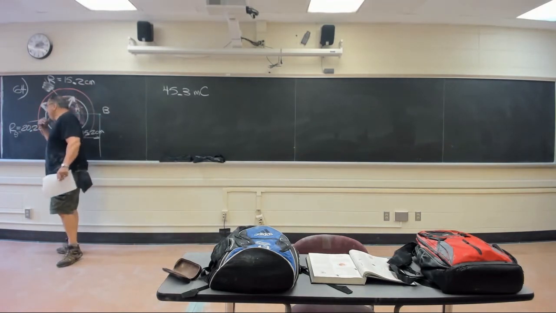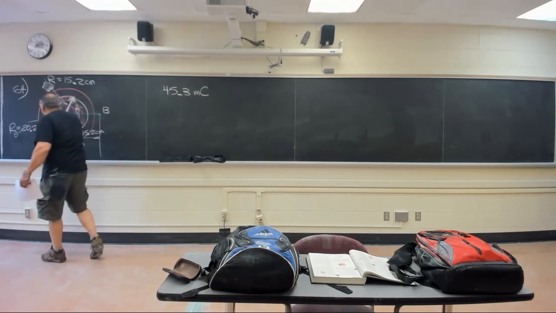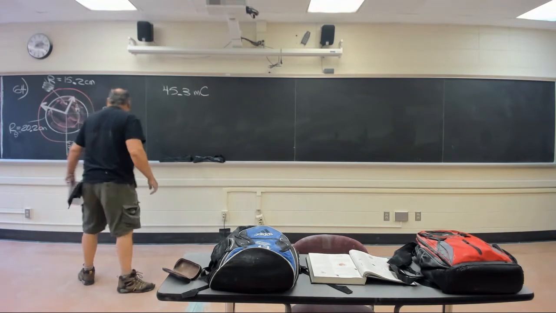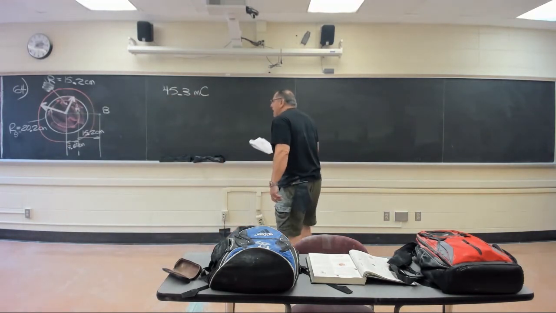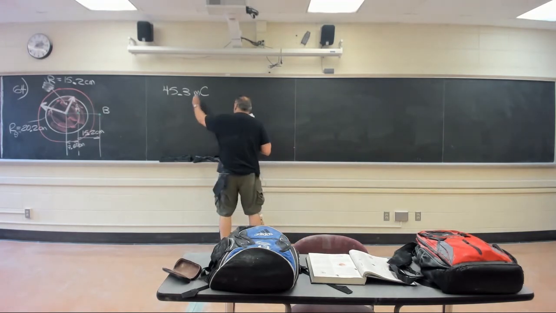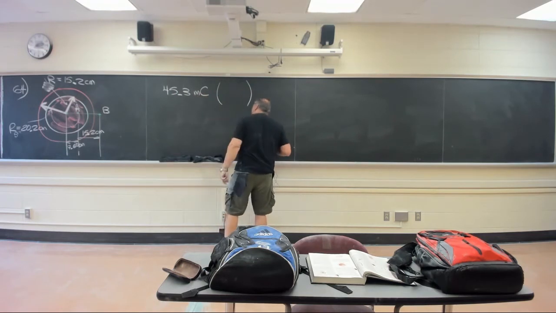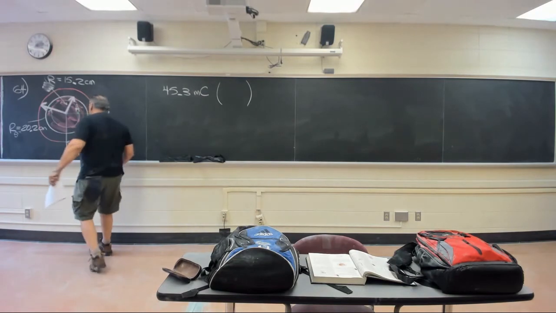Capital R sub S, just to distinguish it, is the radius of the spherical shell. This is the total amount of charge on the sphere, but I only want what corresponds to the Gaussian surface containing the point A.